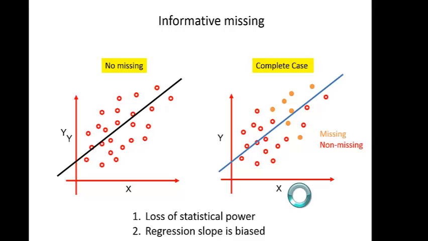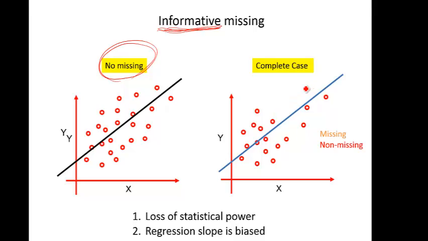Whereas when you have informative missing, this is non-random missing. Okay, let's see what happened. Right? So this is data without missing, and this is data which contains some missing. Missing is happening more with a higher temperature. So the higher the temperature, the less you observe the temperature value.